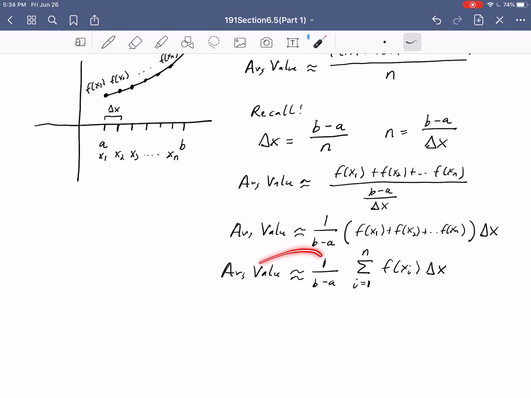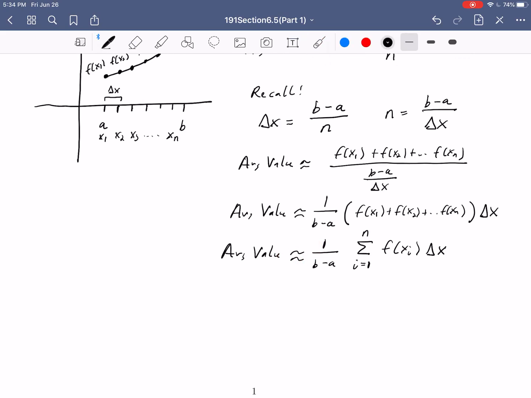So there we go. There's an approximation for the average value. Now again, we are stuck with this being an approximation. So what's our standard trick for letting an approximation become an equality? Well, if we take an infinite amount of these approximations, or in other words, if we let that delta x squeeze together infinitesimally thin, then this is not going to be an approximation anymore. It's going to be an equality.